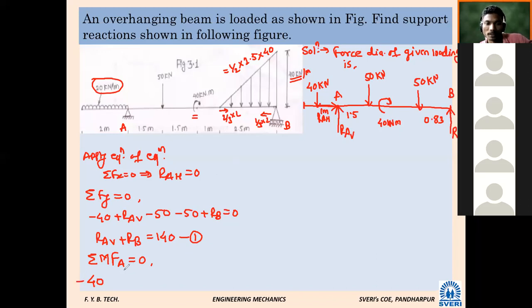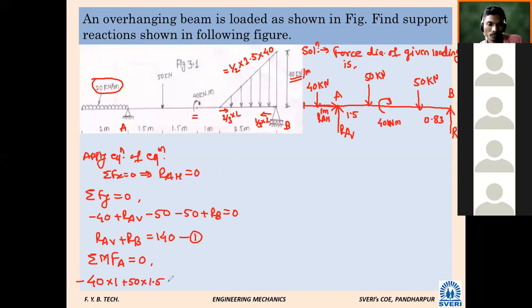Anti-clockwise. So it will be minus 40 into what is the distance of that load from point A? 1 meter. Then 50 kilonewton force, whether it will be clockwise or anti-clockwise? Clockwise. And what will be that distance? 1.5.